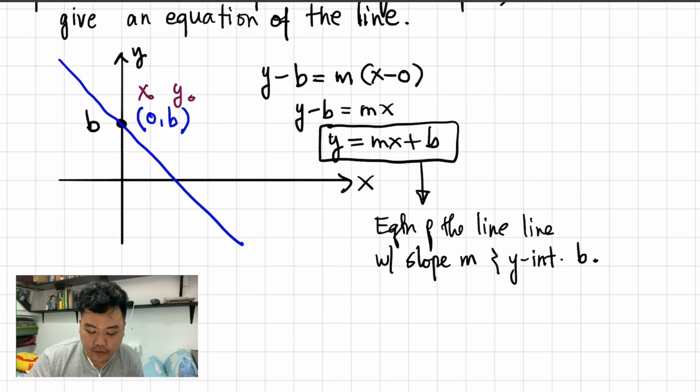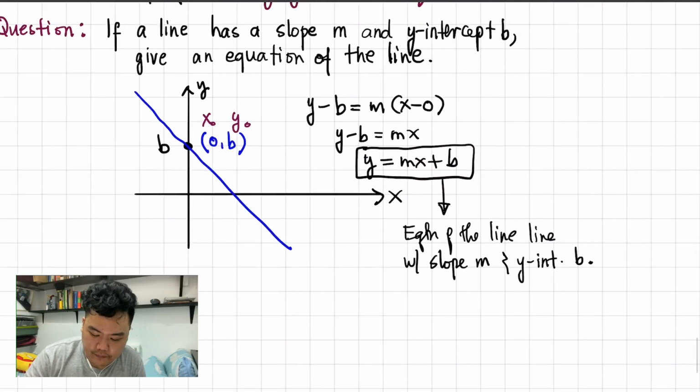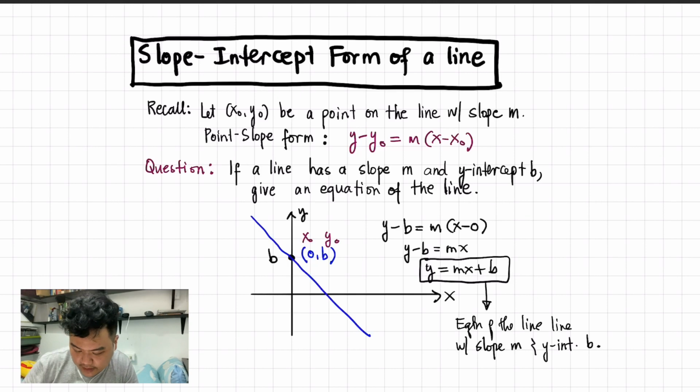How are you going to do that? You just solve for y, and the coefficient of x is the slope of the line, and the constant is the y-intercept. So let us do an example using this slope-intercept form.